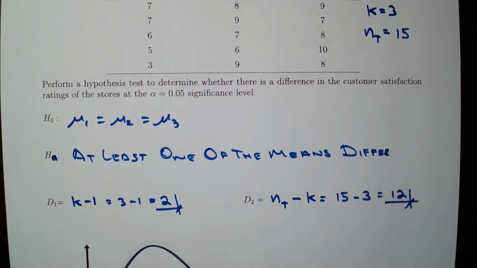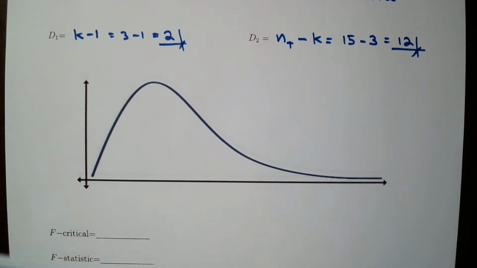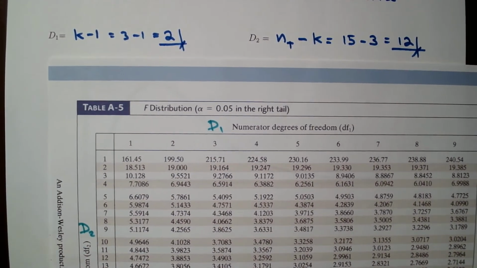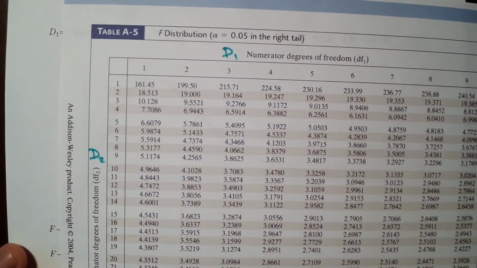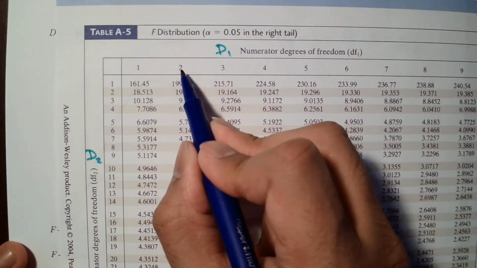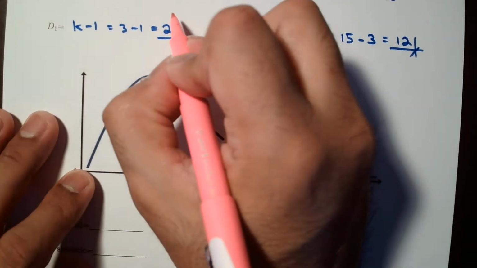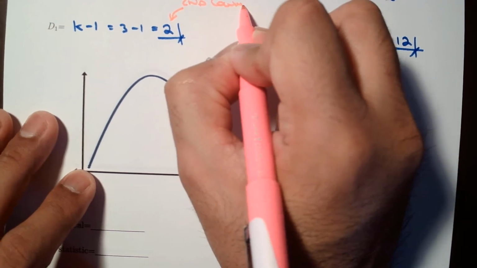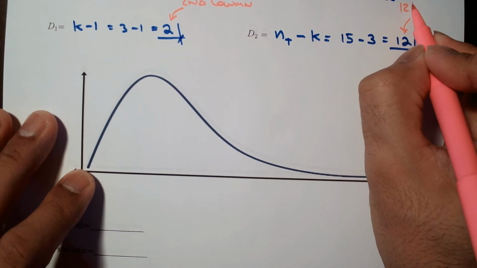Now, how are we going to interpret the table A5? Well, we're going to go to D2, where it's the number 12, and D1, where it's the number 2. So D1 is the second column, and D2 is the 12th row.